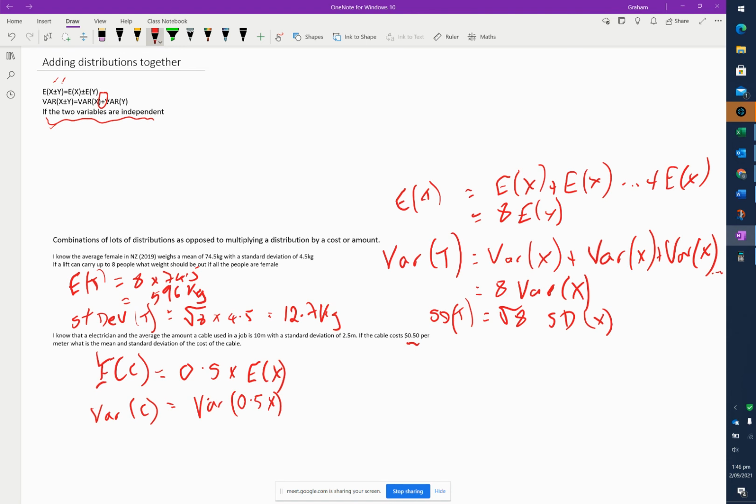So the difference is going to come out when we actually do the calculations, because that's going to be 0.5 times 10, which is $5. But this one, when I come to take the 0.5 outside my variance, I have to remember to square it.